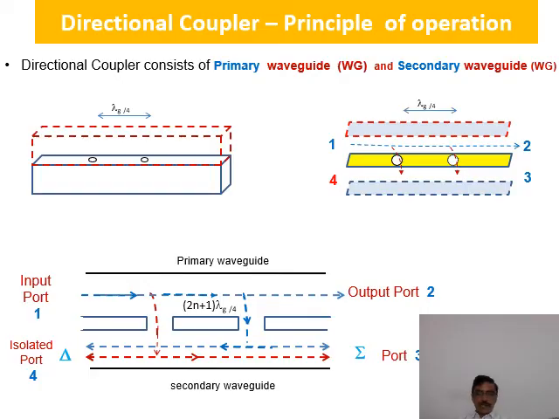So there are two waves at port 3 which are known as the forward waves, and these forward waves in the secondary waveguide are in the same phase and are added at port 3.